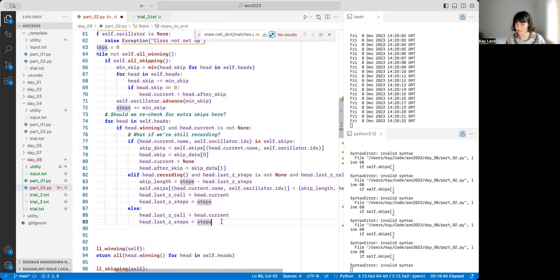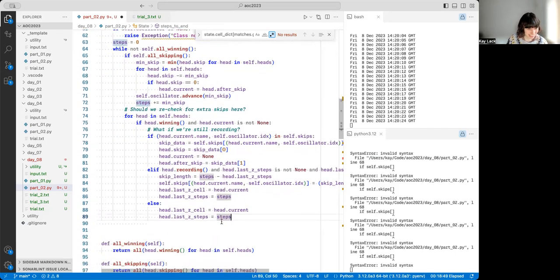Let's keep those separate, just for certainty. Okay.